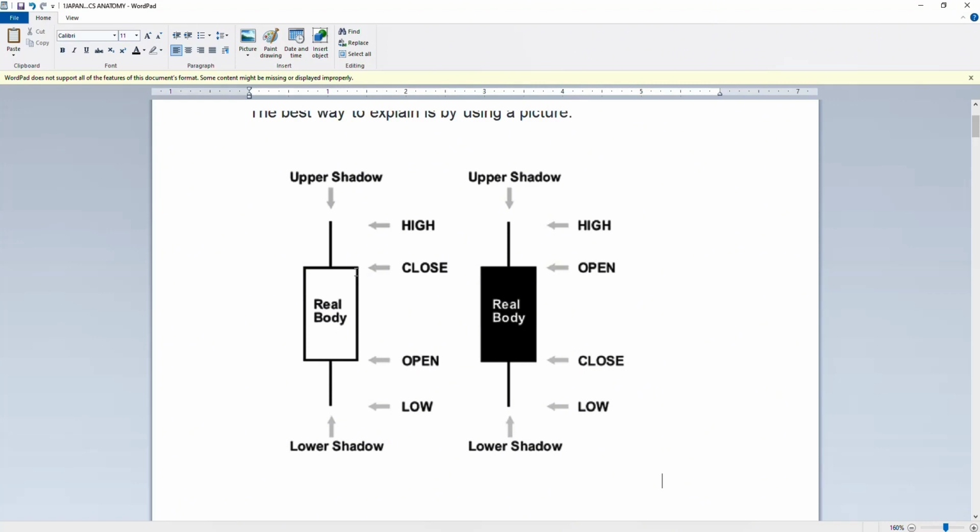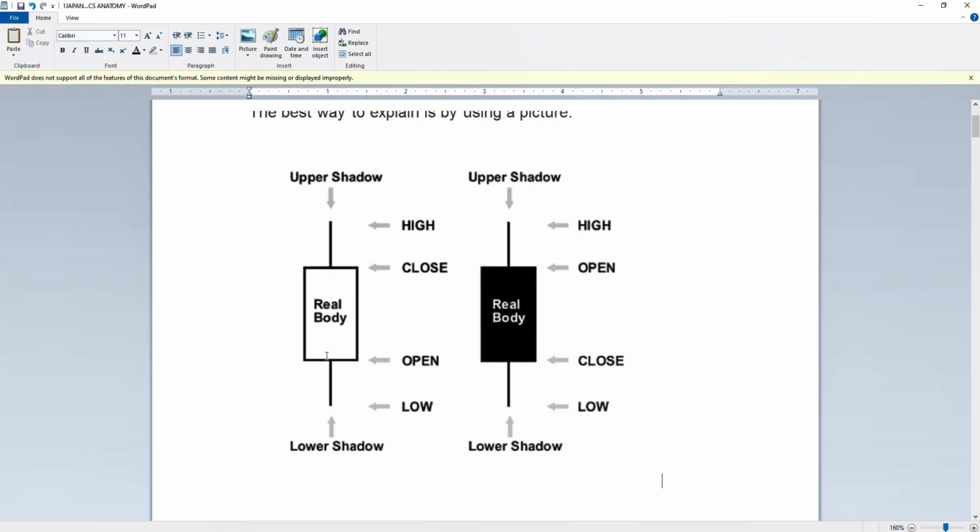Let us look at a scenario where it is a sell day. It is also going to have a body, a high called the upper shadow, a low called the lower shadow, an open price, and a closing price. But if it is a sell day, we want to see price close below the opening price.